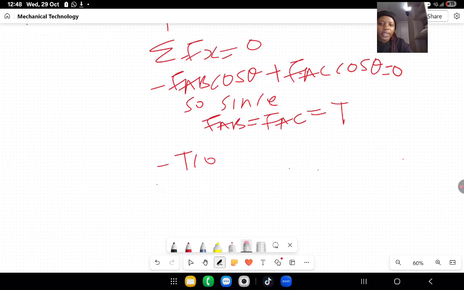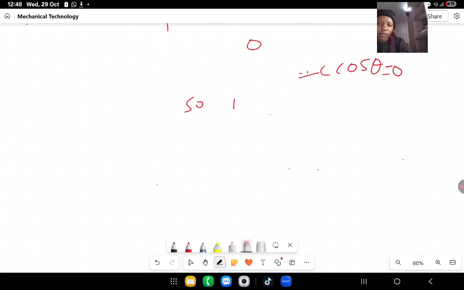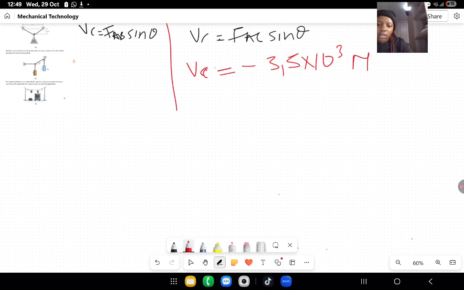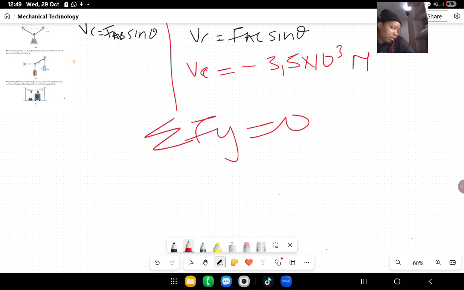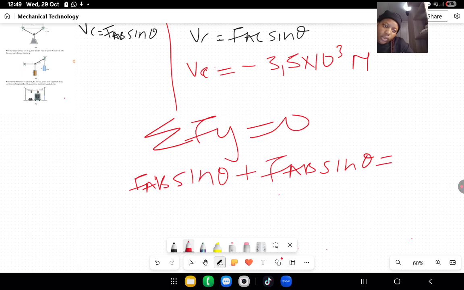Now we come to our vertical components. Sum of the vertical components equals 0. Our vertical components will be FAB sine theta plus FAC sine theta minus W equals 0, where W is our weight.